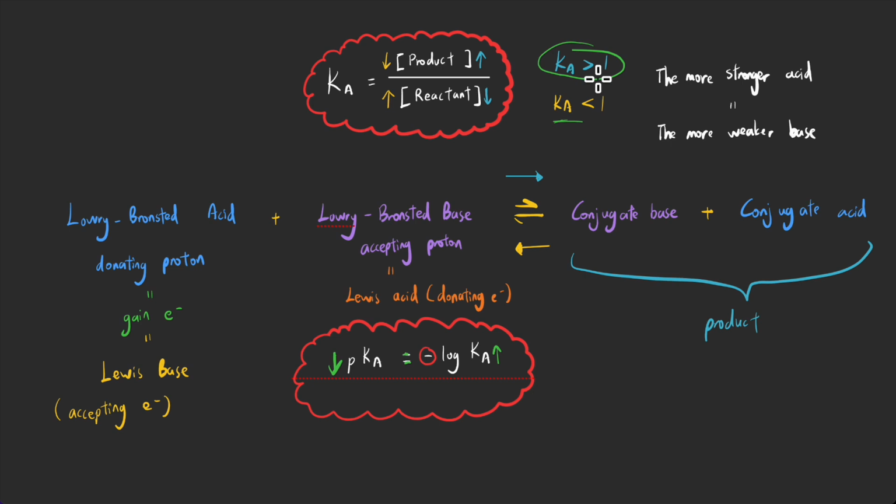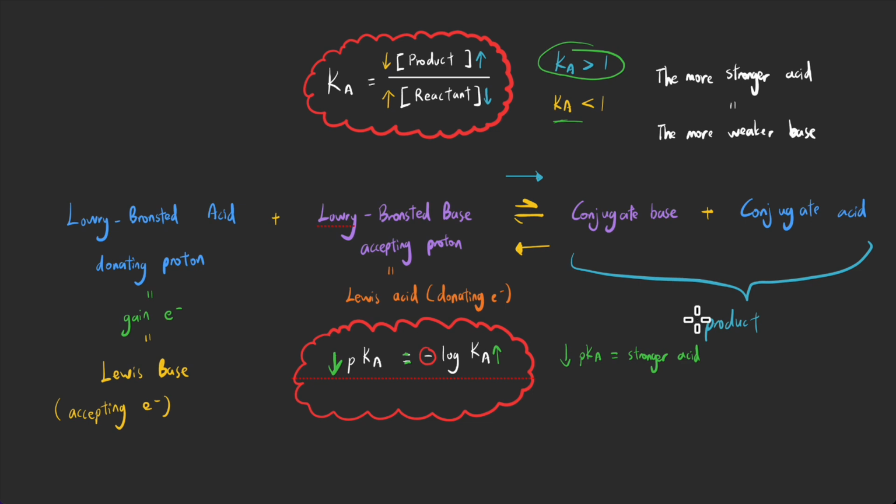So a smaller pKa value, you can also think of it as a stronger acid. So a smaller pKa means a stronger acid. A stronger acid means that it will shift toward the product, right? Because it has a Ka value greater than 1, and therefore it must shift to the right.